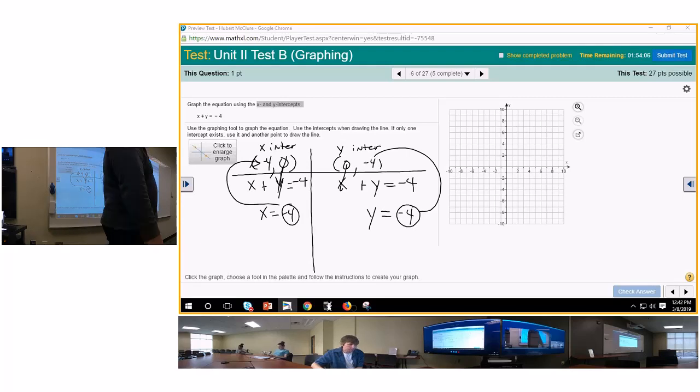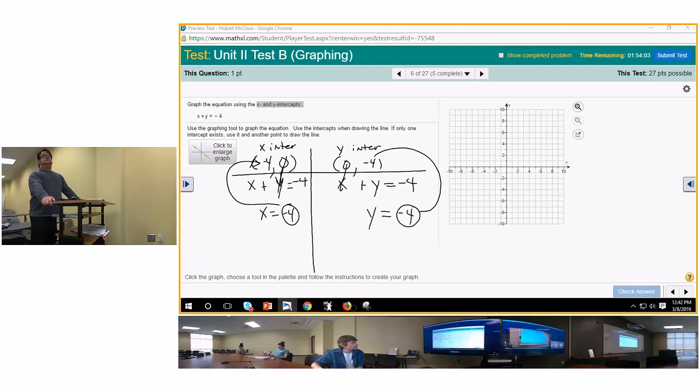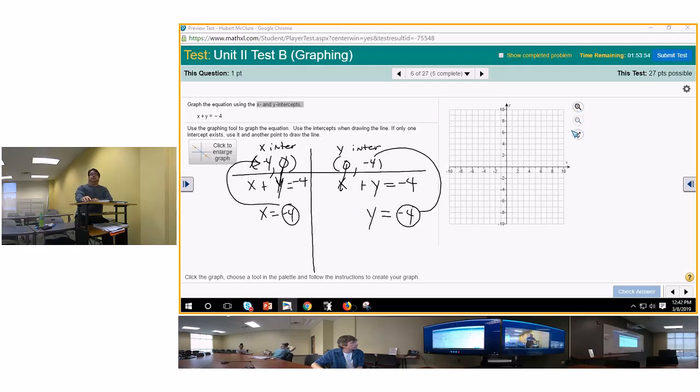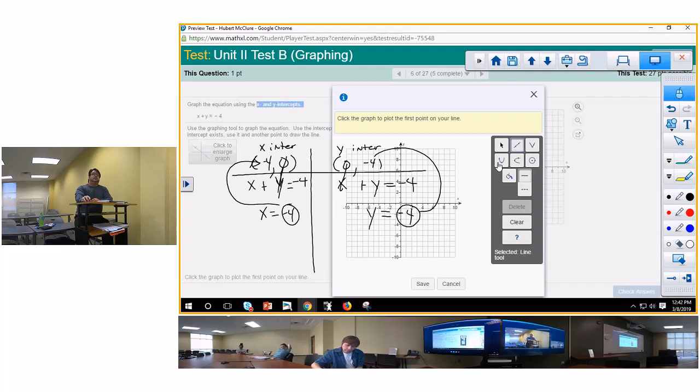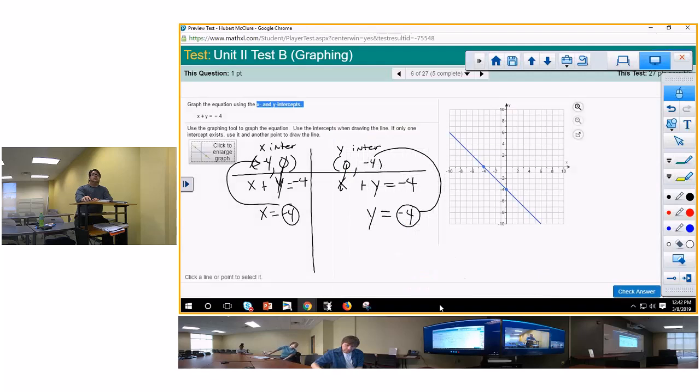That one is too easy. Now if you don't put the x and y intercept, then you're going to get it wrong, because that's what the question is looking for. So the x-intercept is -4, 0. The y-intercept is 0, what? Next.